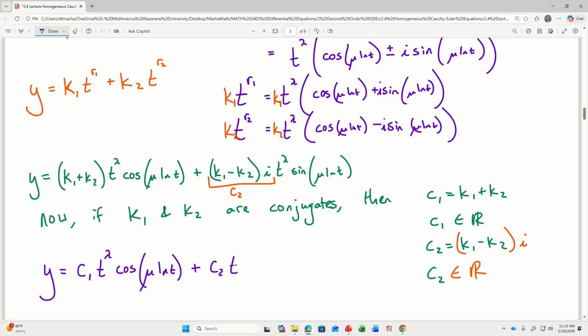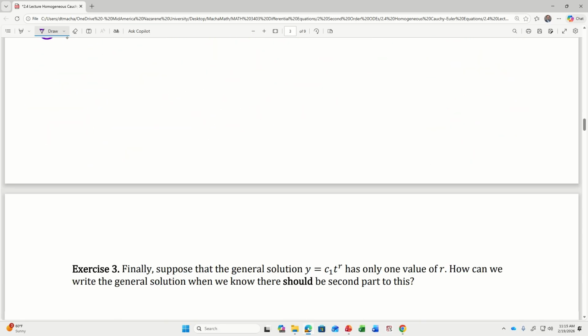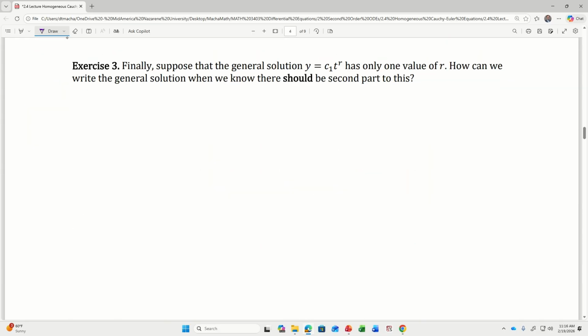And instead of cosine of mu t, we have cosine of mu times natural log of t, and sine of mu times natural log of t. But otherwise the same.